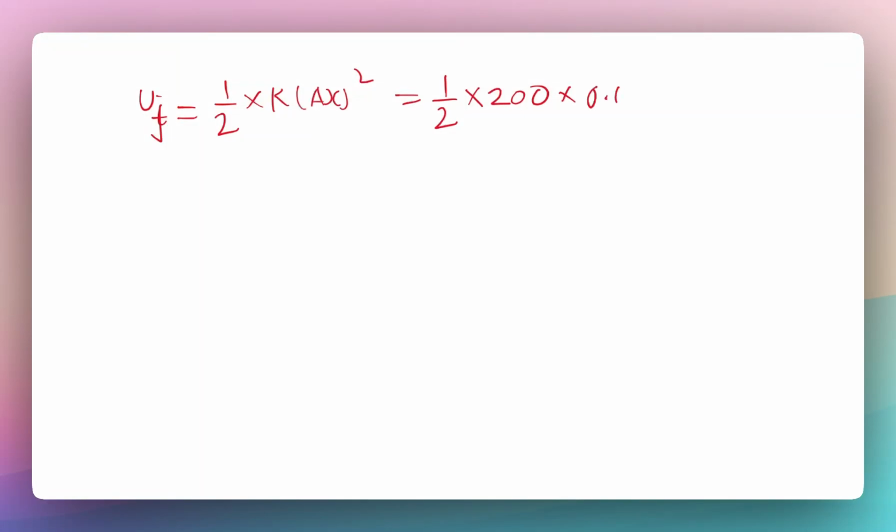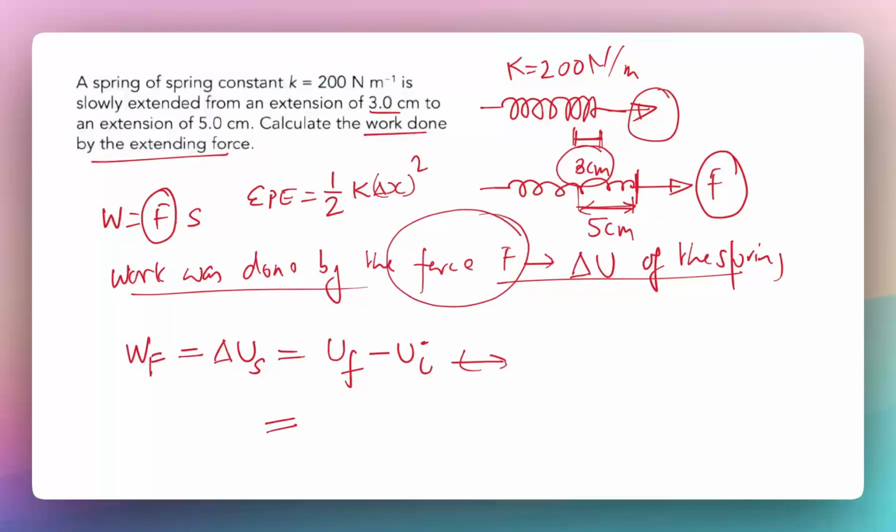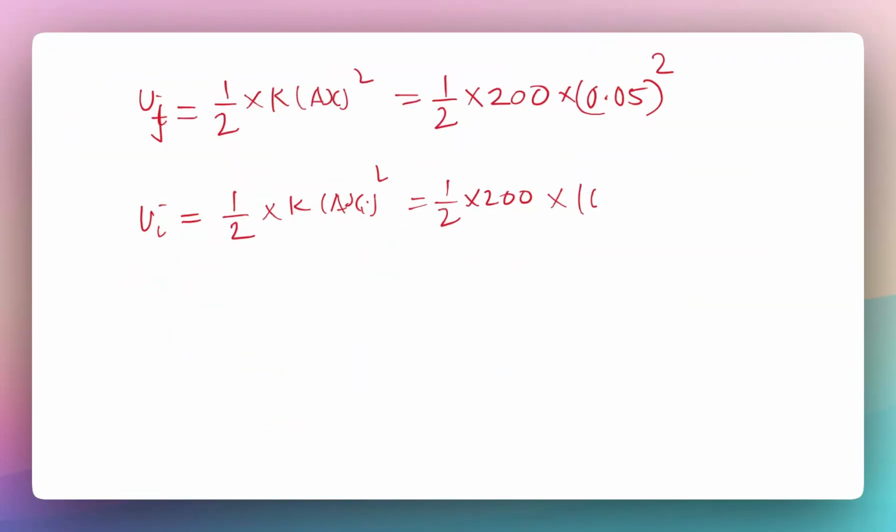So 0.05 square, okay? And UI, which is the initial, is going to be again half into K into delta X initial square, in this case half into 200 into initial extension was 3 centimeters, okay? So that's 0.03 square.